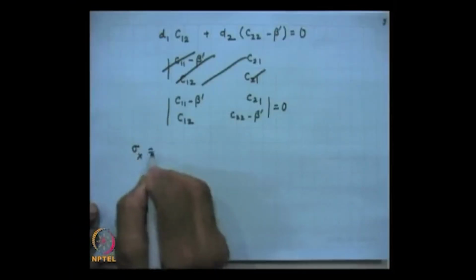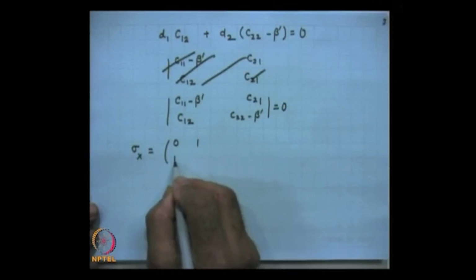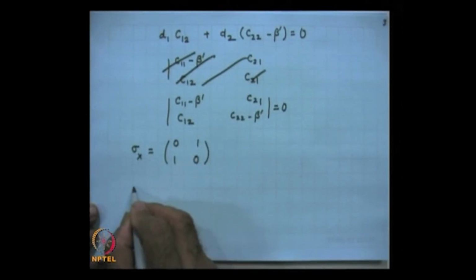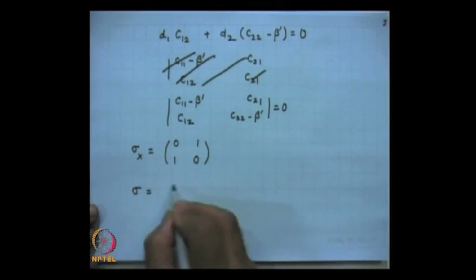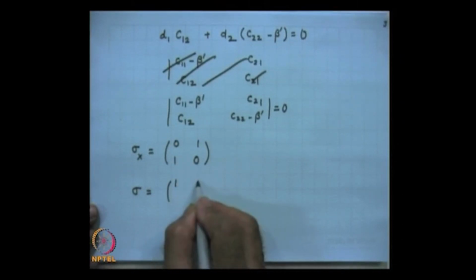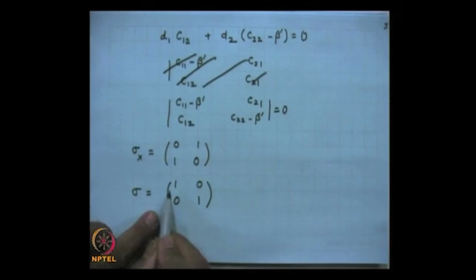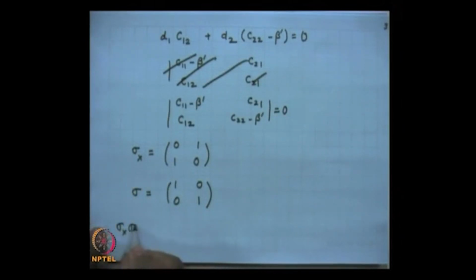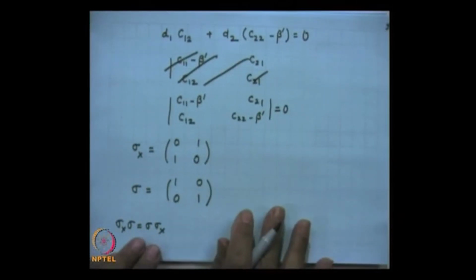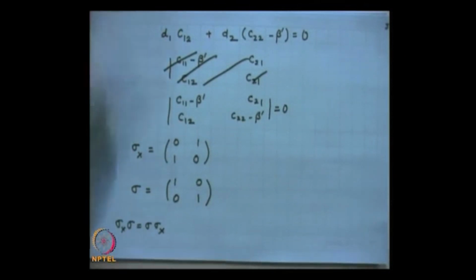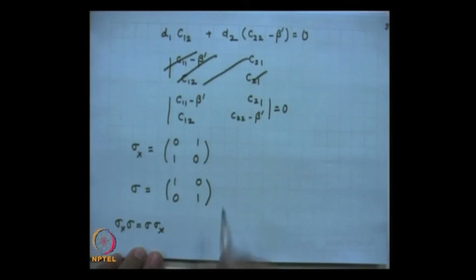Let me take the example sigma x is equal to 0 1 1 0 and sigma is equal to 1 0 0 1. Now, here sigma x and sigma commute with each other. They are both Hermitian matrices. Therefore, we must have a complete set of eigenkets, but not all eigenkets of sigma will be eigenkets of sigma x.